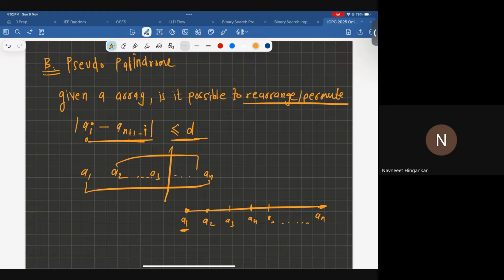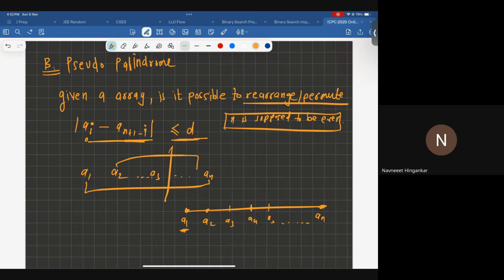Let's consider a simple case where n is even, so total numbers are even, and each number is paired with at least one number. So greedily, we should pair each number with its adjacent one, right?